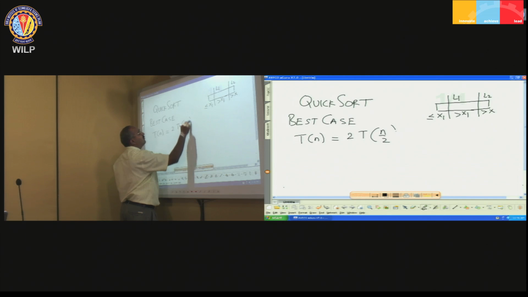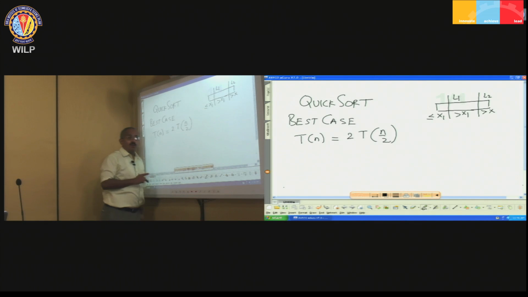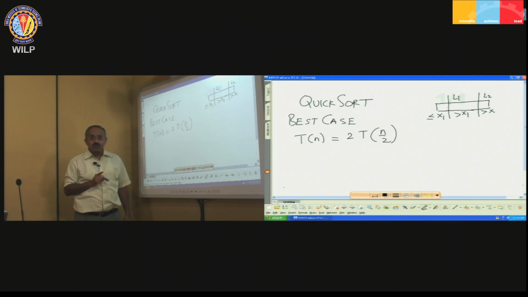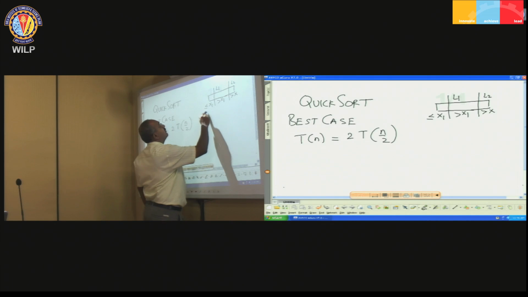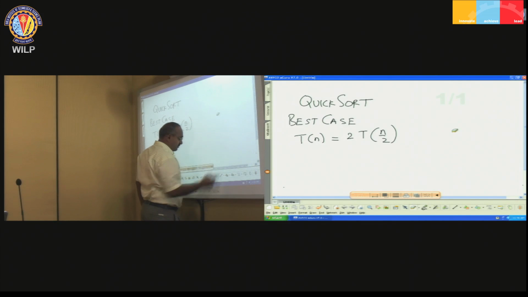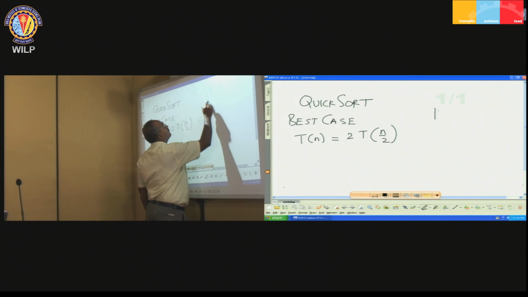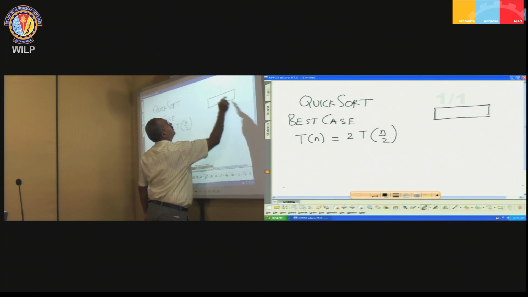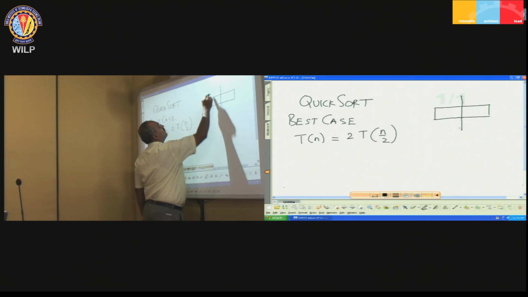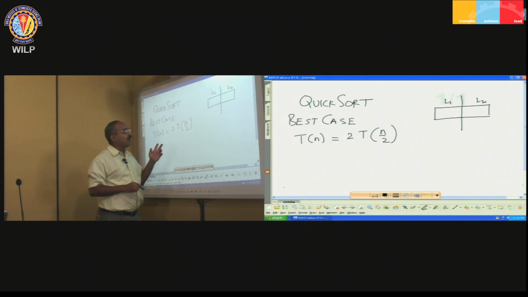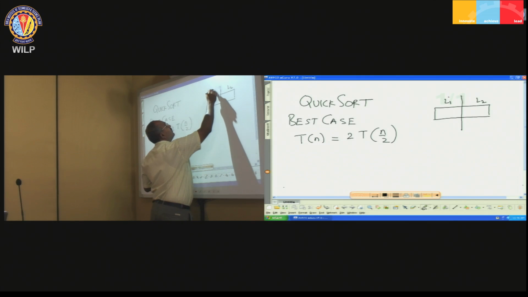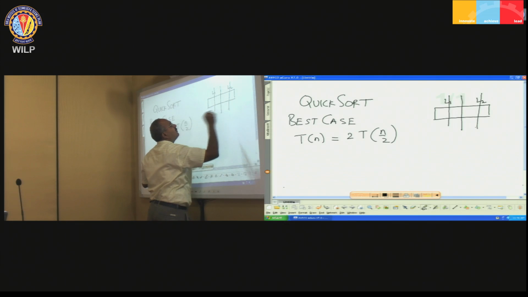This would mean that your pivot at every stage of your algorithm happens to be the median of the sequence, right. So, I will get exactly 2 halves only if the pivot happens to be the median. So, that is your L1 and L2. You get exactly 2 halves. Similarly, L1 will be exactly 2 halves and L2 also will be exactly 2 halves.